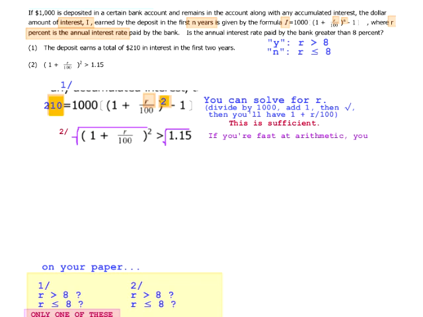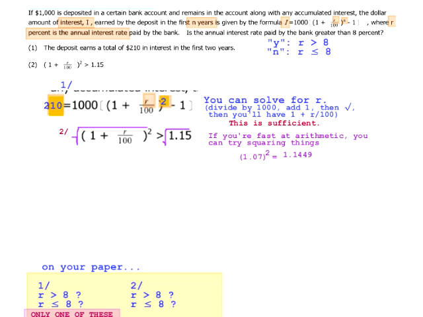GMAC will never make you do lots of labor like this, but you can try squaring things and seeing if you get 1.15. You probably know it's got to be somewhere between 1 and that. If you square 1.07, for instance, that's going to be 1.1449.